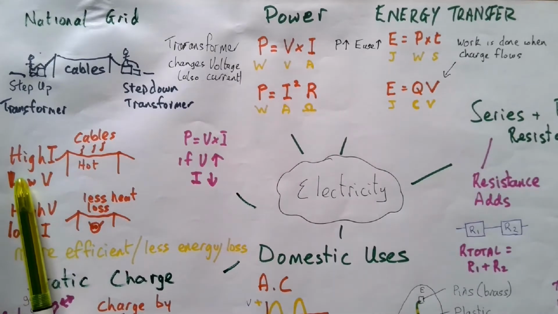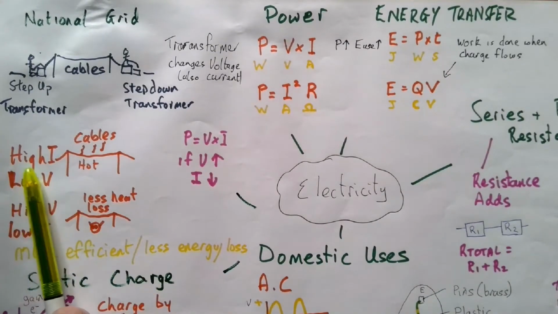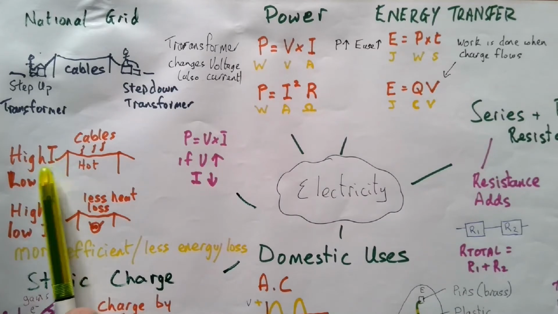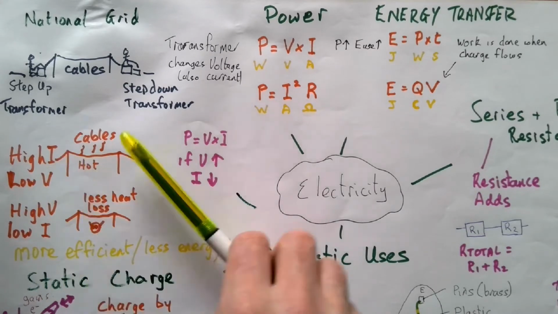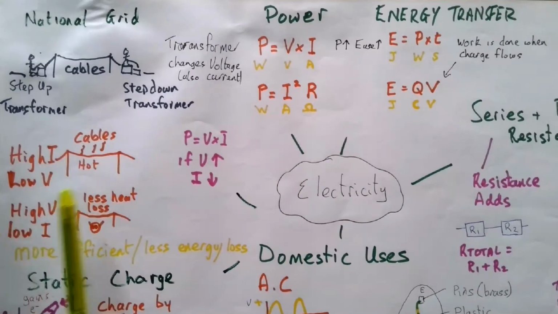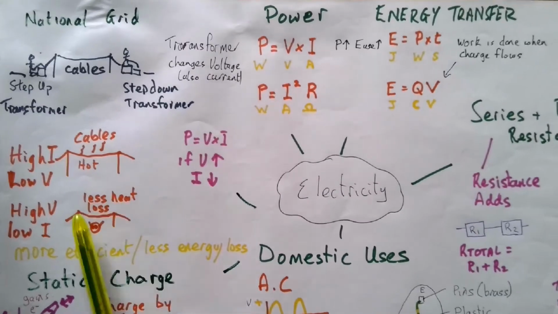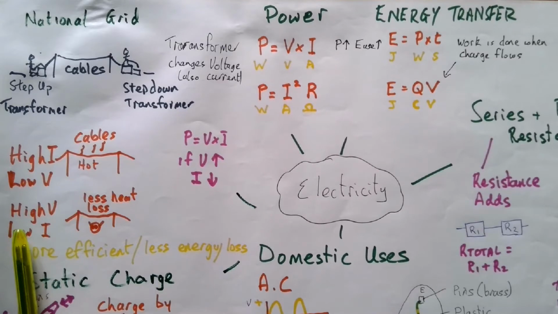So if we transmit it across the national grid at a high current, the cables will get hot and lose heat to the surroundings. We don't want to waste our energy by losing heat to the surroundings from the hundreds of miles of cables across the country. So what we do is we increase the voltage.